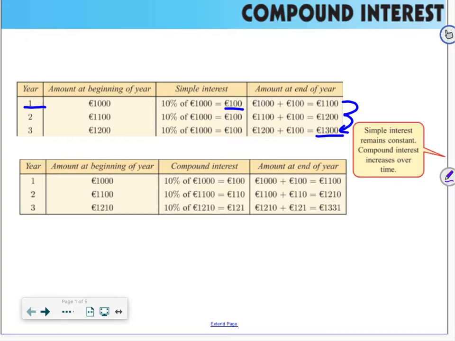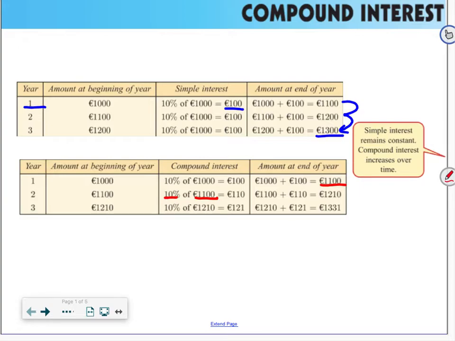With compound interest, not only are we making interest on our investment, but we're also going to make interest on the interest we made the previous year. The first year is the same, but by the second year, when we take 10%, we're taking 10% of our previous year's account.